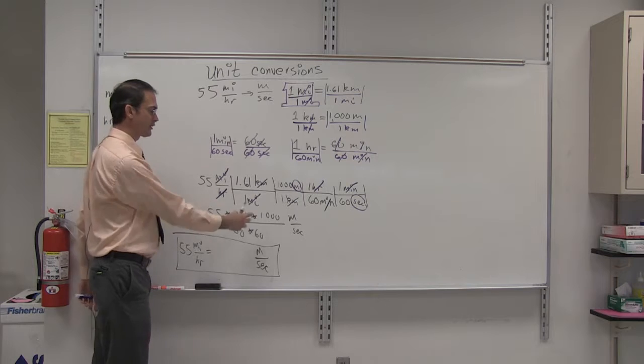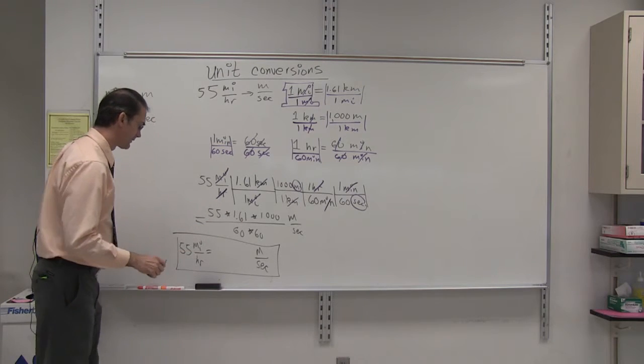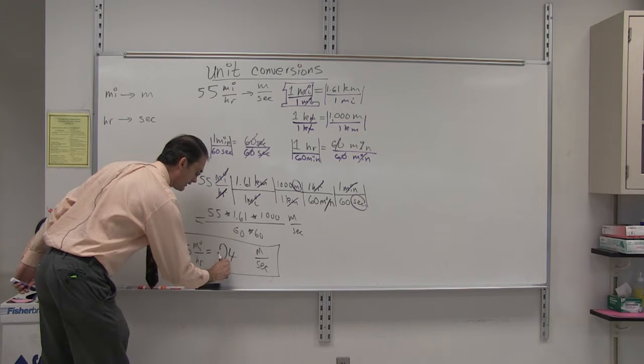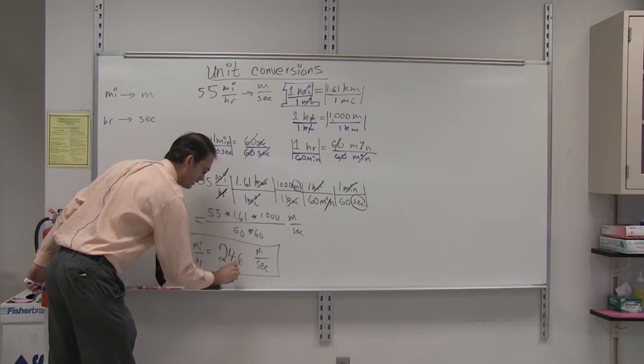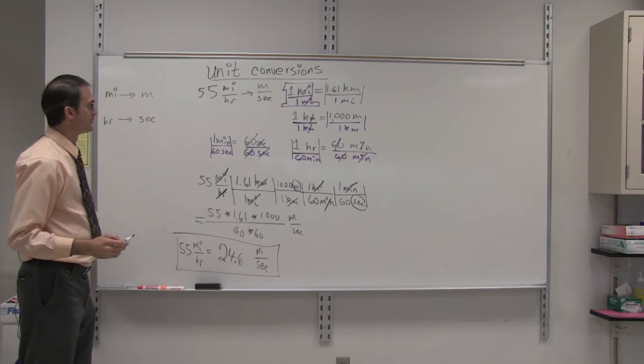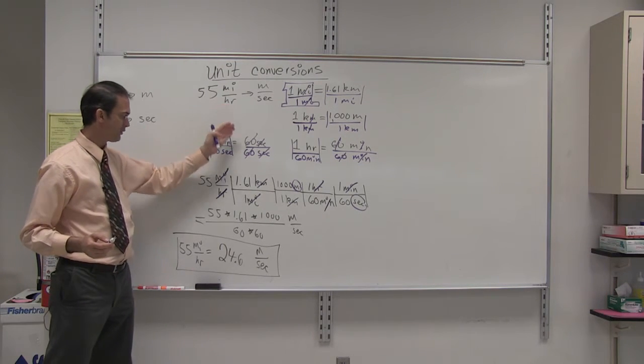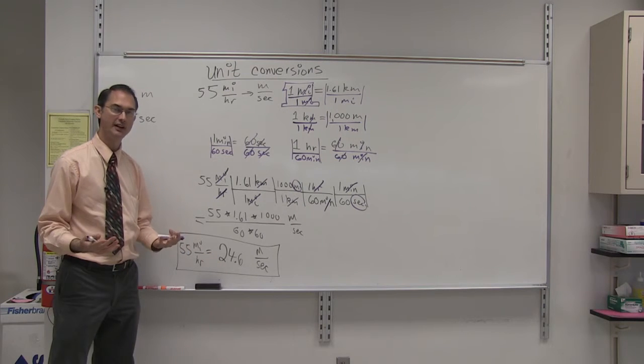So once your calculator is used to get a final result, you'll see that the answer is 24.6 meter per second. So a good estimate then, going back and forth between mile per hour and meter per second, it's basically divide by 2.